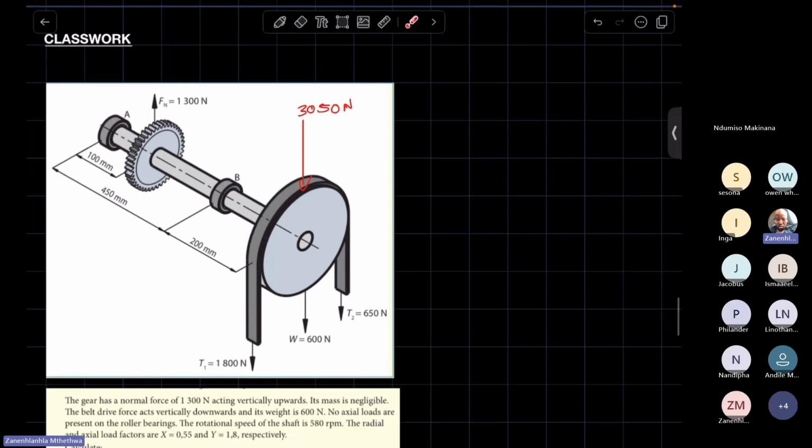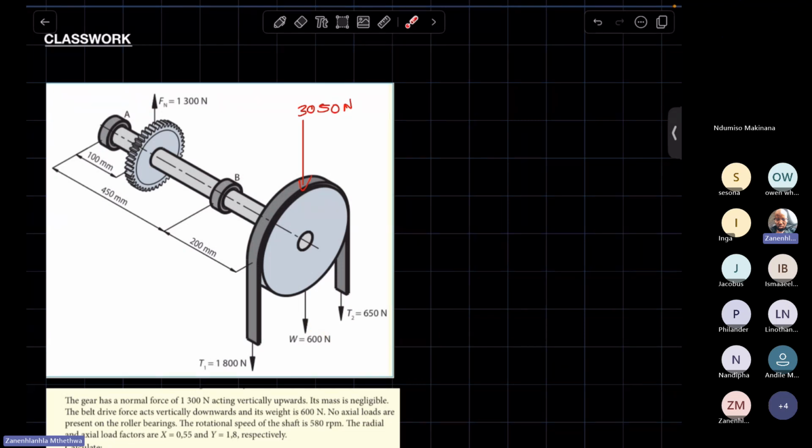Now, as you can see here, the installation tension is essentially perpendicular to the line of action of the shaft, and the weight of the pulley is also perpendicular to the line of action, right? So since both the installation tension and the weight of the pulley are pointing downwards, you can simply take that as one point load, the installation tension plus the weight of the pulley.